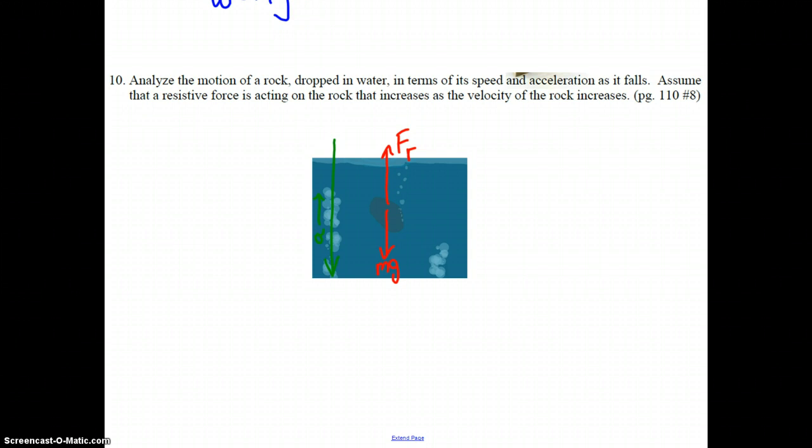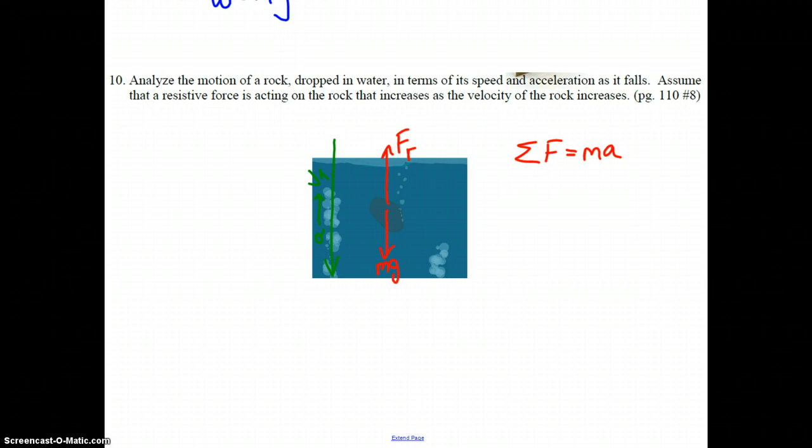Let me demonstrate that over here with our Newton's second law approach. So again, we start out with sigma F equals ma. When this rock, we're going to go ahead and label that now, reaches what is called terminal velocity, the falling velocity that remains constant after some period of time.